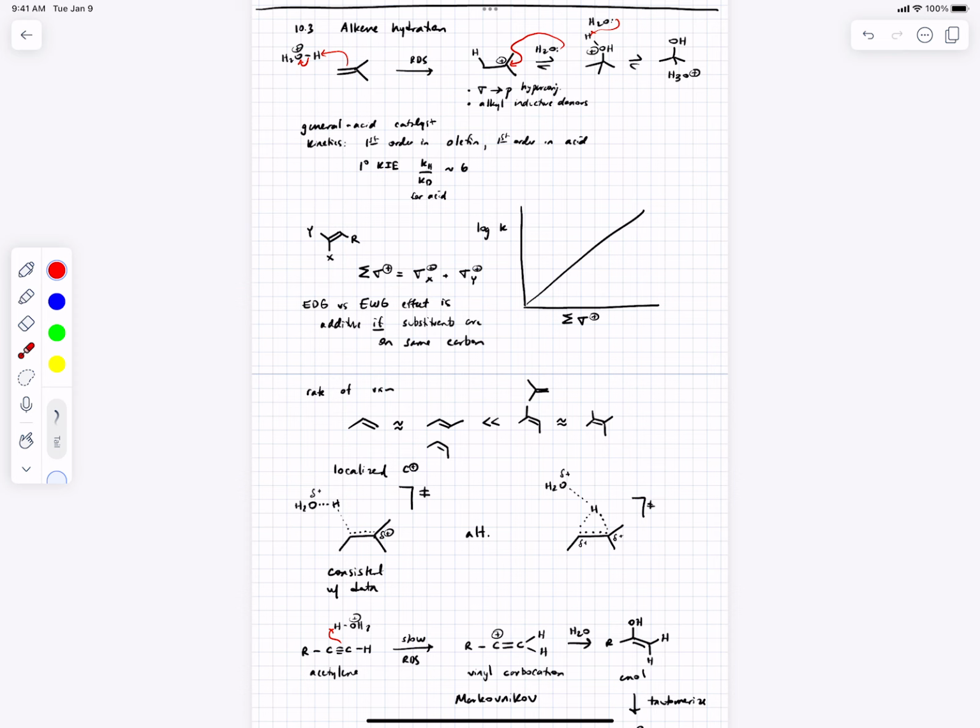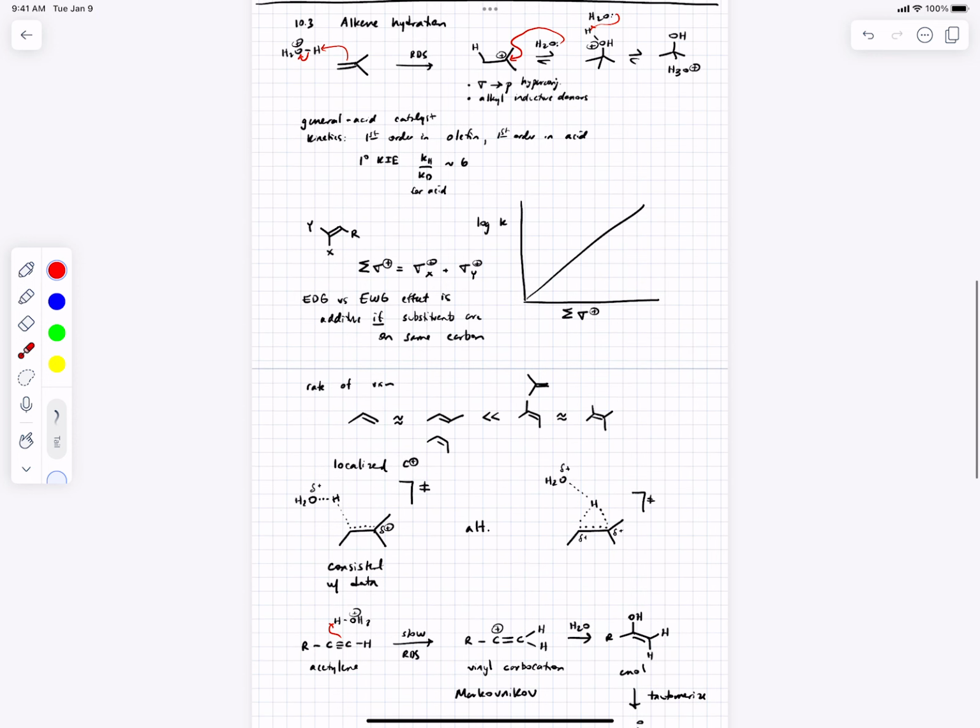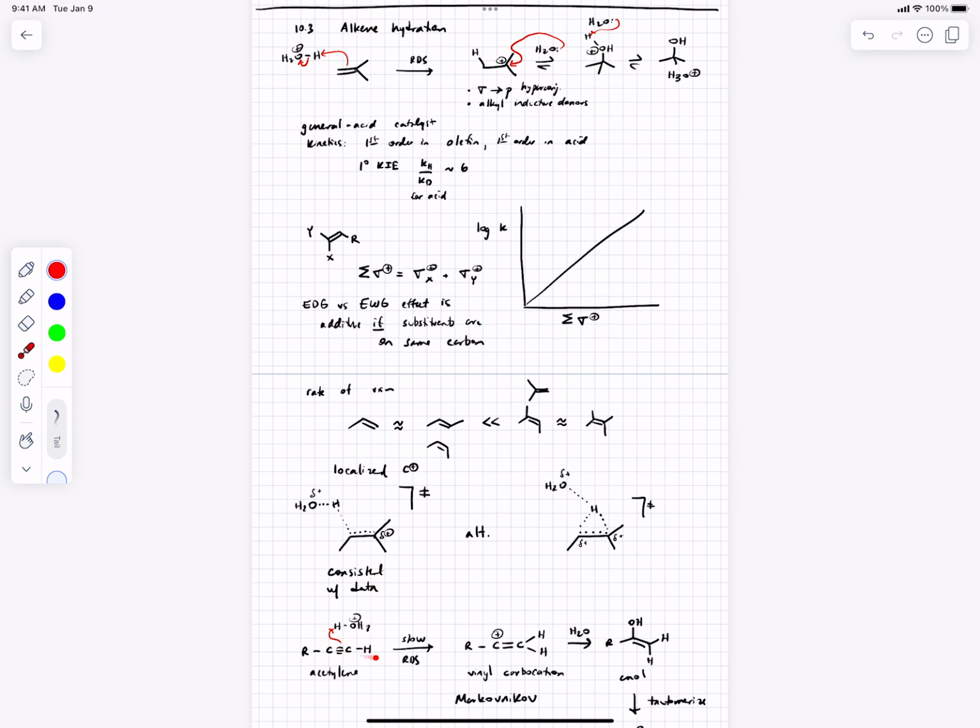So you can do isotope scrambling experiments to demonstrate that there's no removal of the proton after it gets added. I won't talk in detail about that, but both of these tend to be irreversible because the subsequent steps are so fast.